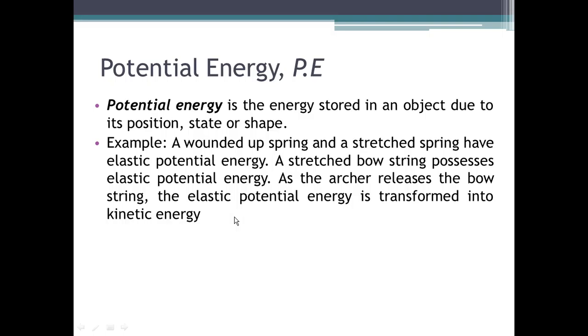Also, in the example of the hammer and the nail, when you raise the hammer, you're actually moving the hammer against gravity. So this is an example of potential energy, particularly gravitational potential energy. Okay, so we have many forms of potential energy, such as elastic potential energy and gravitational potential energy. Another example is chemical potential energy.